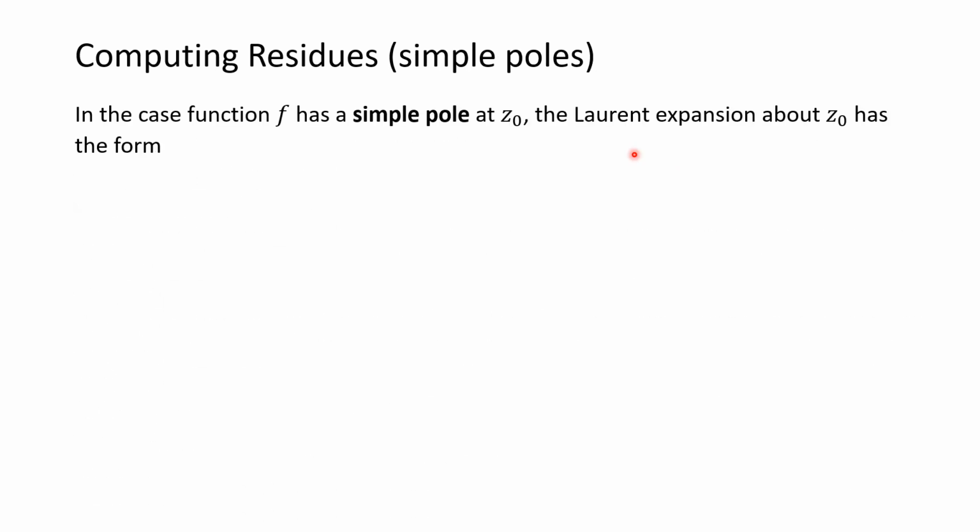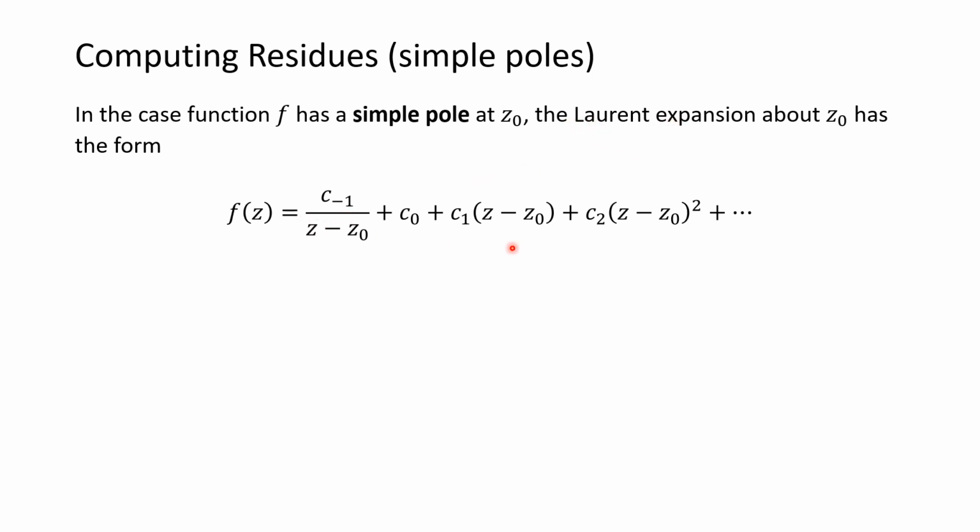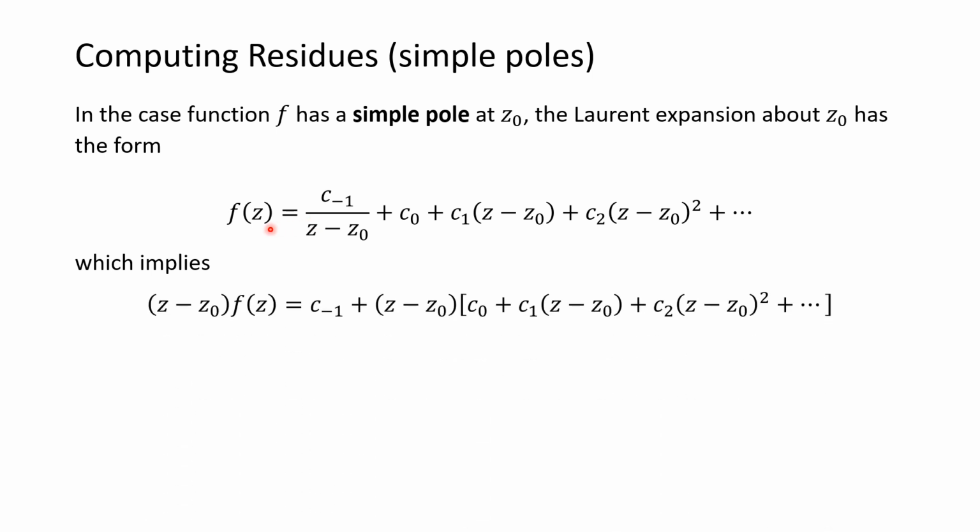Next, we consider the case of a simple pole where we have, by definition, a Laurent series of this form here, where you just have a c sub minus 1 not equal to 0, and then all the other coefficients with larger negative indices are 0. We multiply both sides of this equation by z minus z sub 0. We get this.